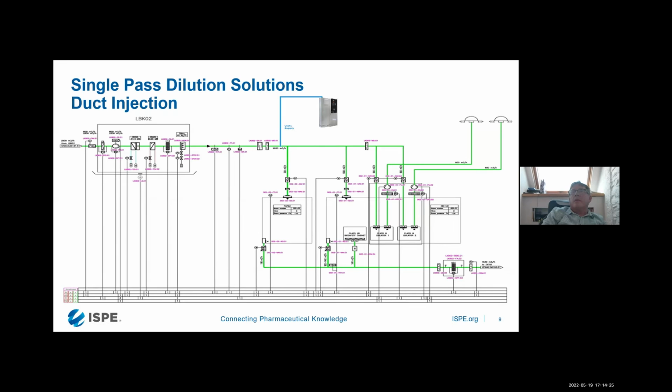Next, we have a question from Devraj. I think he has two questions. The first is, how were the VHP recovery studies from exposed surfaces performed?